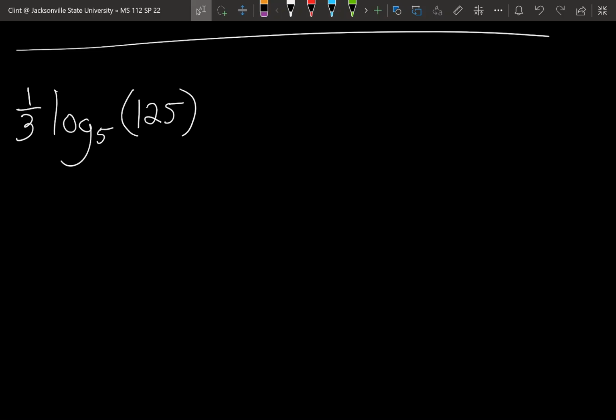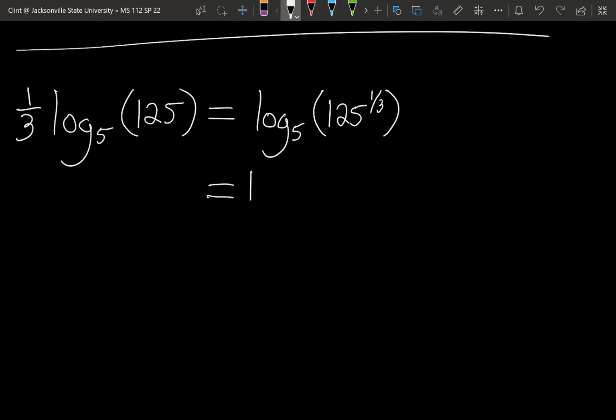We want to be thinking about powers of 5. Using our logarithm laws, we can use number 3 and bring that coefficient out front, inside. So 125 to the 1/3 power.